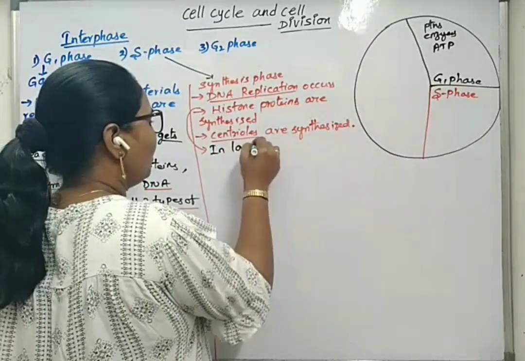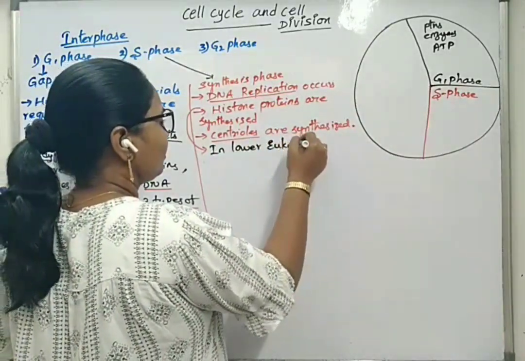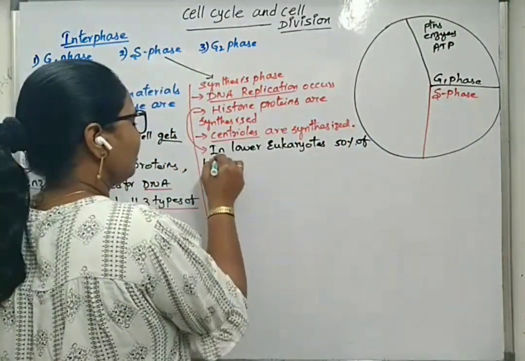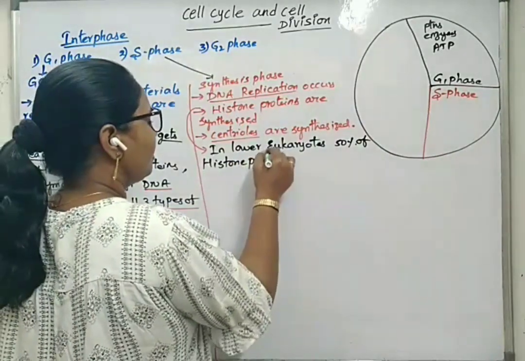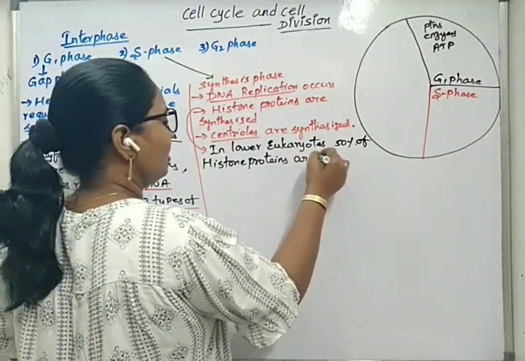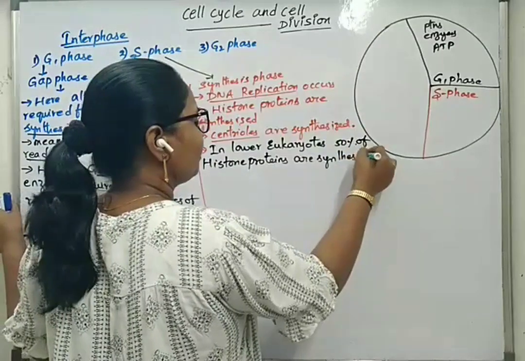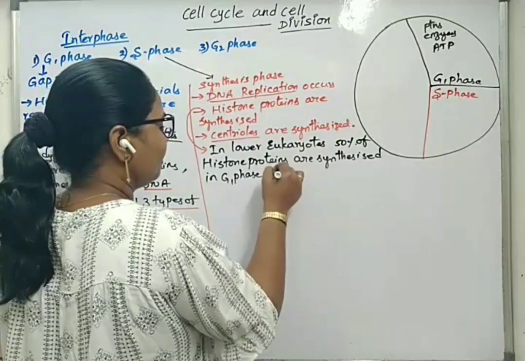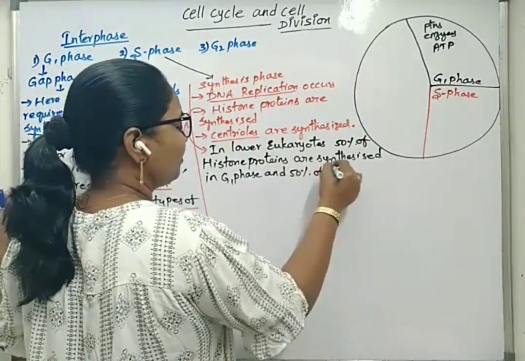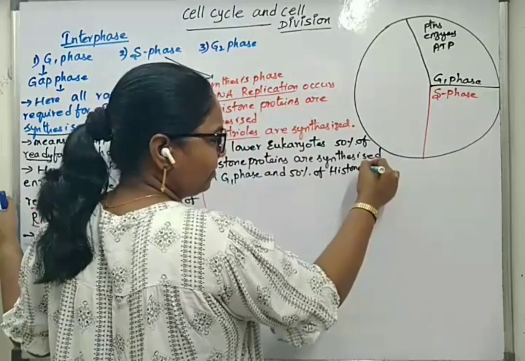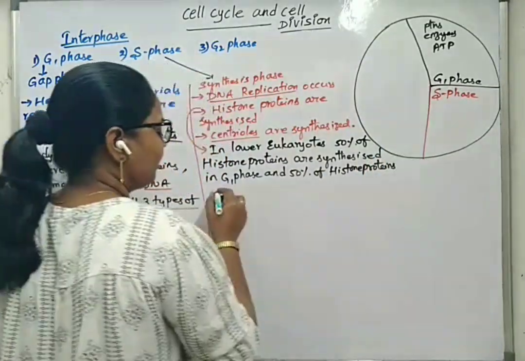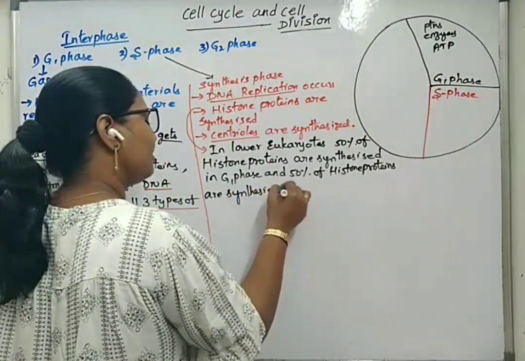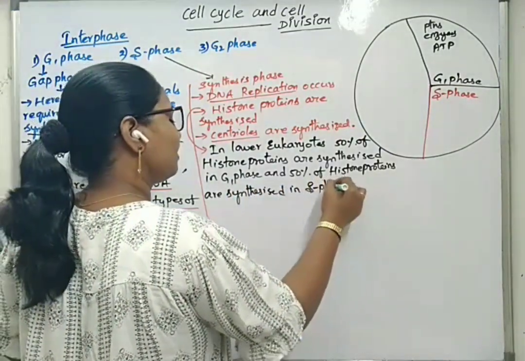In lower eukaryotes, 50% of histone proteins are synthesized in G1 phase and 50% of histone proteins are synthesized in S phase.